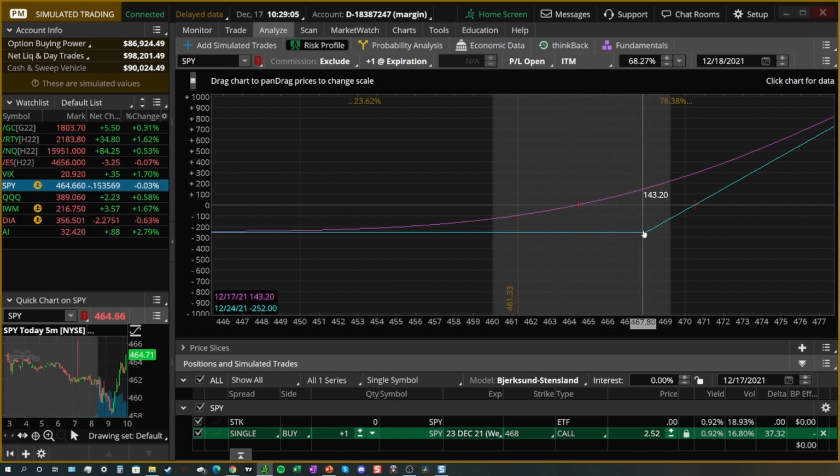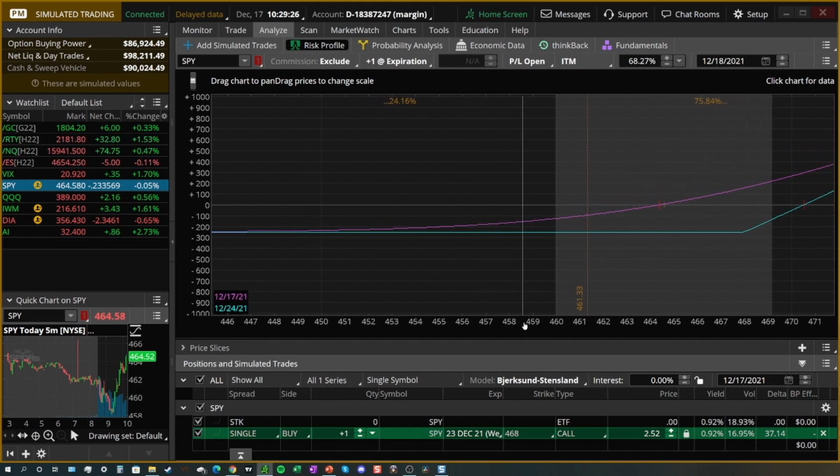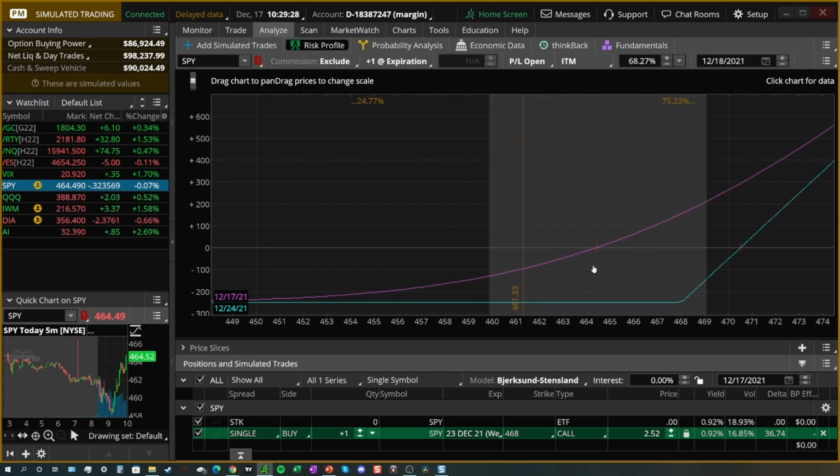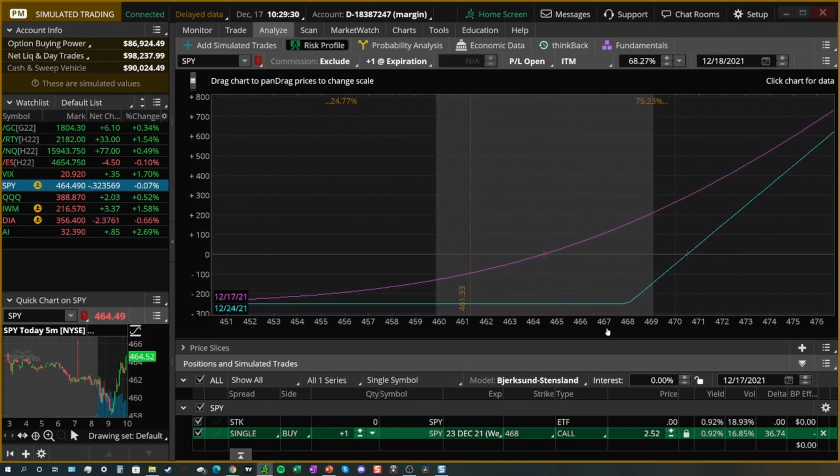It's not a big deal, but as you can see, this pivot is the 468 strike. Whenever you see a pivot, and this teal line, don't worry about the purple line for right now, this teal line is your risk profile at expiration. Let me see if I can blow this up a little bit better.